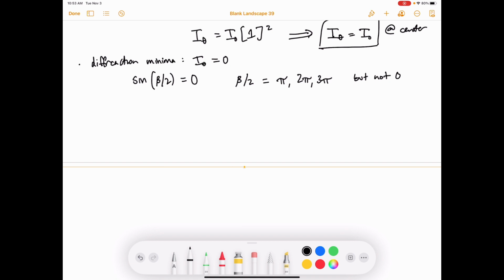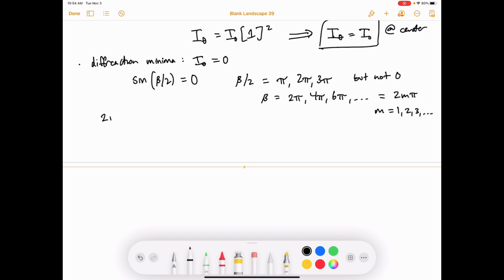So we can more generally write this as beta is equal to 2 pi, 4 pi, 6 pi, and so on. Just multiply the 2 all the way through, which we can say is 2m pi for m equals 1, 2, 3, and any integer. Okay, that's how we can generally refer to the values of beta that give us a diffraction minimum.